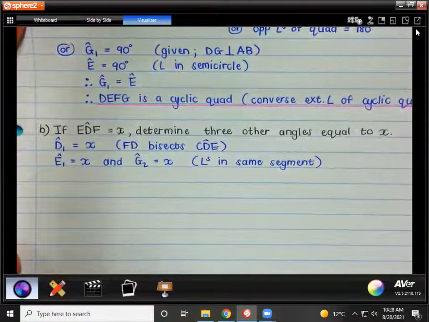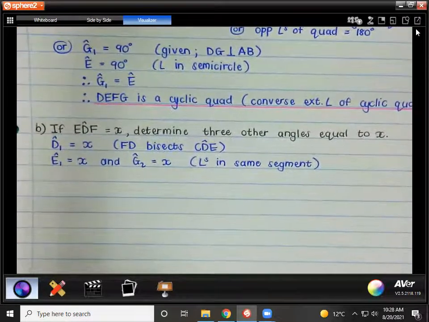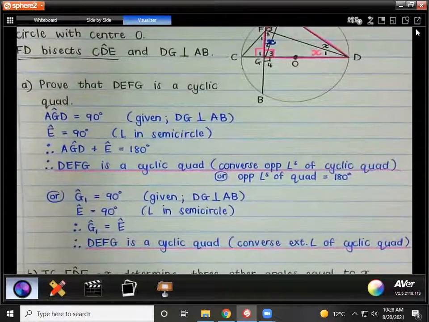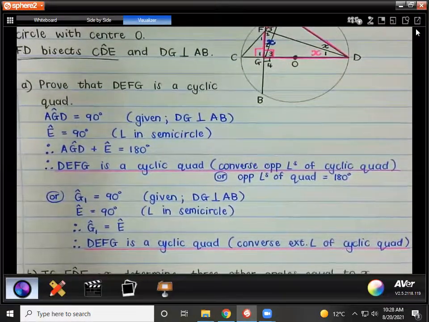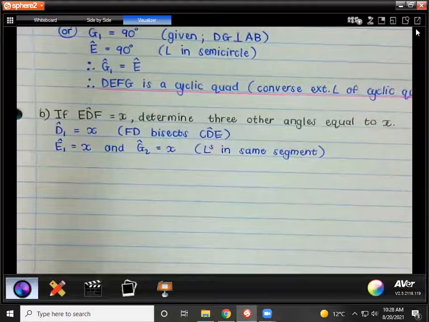Okay. I'm going to give you a question from exercise 4 in your textbook. So you can write exercise 4, page 200, number 3.